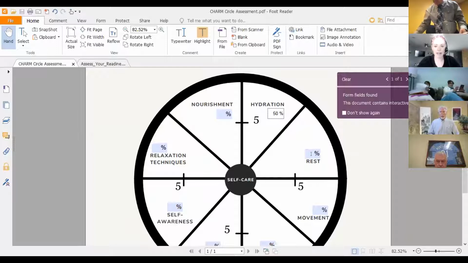And I asked you last week, we went through the circle and you already know where areas of support are needed. You were probably able to assess where your strengths are. And that's really powerful, to just have that moment of acknowledgement on where you are and how you feel.